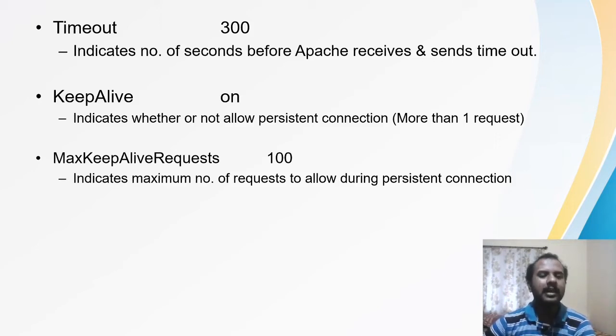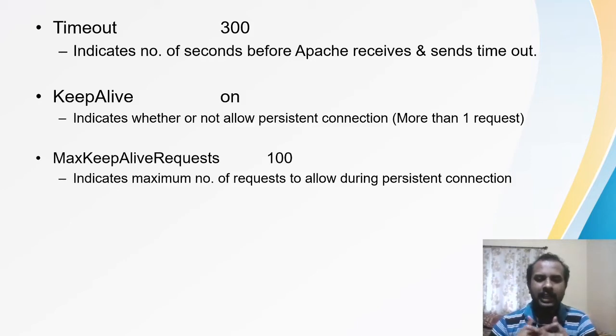If you are making it on, then it indicates whether the persistent connection is allowed or not. That is, when you are making a connection, if it is the normal case, then only one request per one connection, right? Request response paradigm, one request, one response, then the connection will be broken, and the server will not know about the client.